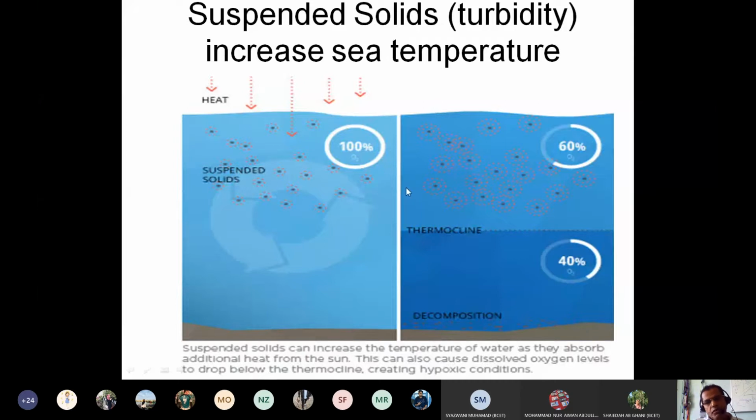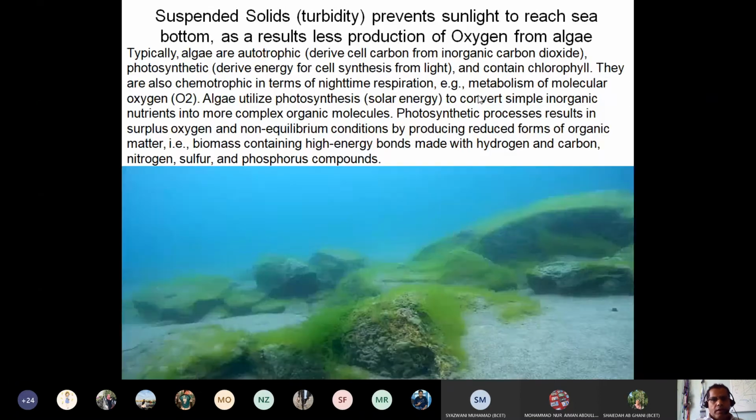Okay. So here you see too much suspended solids, meaning that all the sunlight rays will be absorbed. This will become hotter. Here, this is the normal case, meaning that about 40% will go out again. Okay. Another thing is suspended solids and turbidity prevent sunlight from reaching the sea bottom.